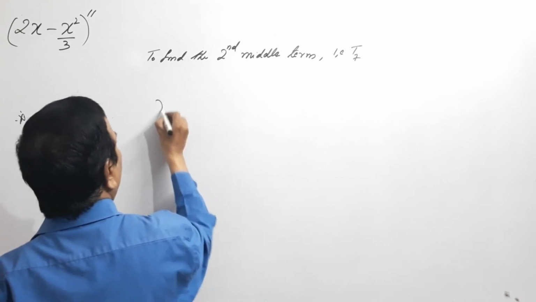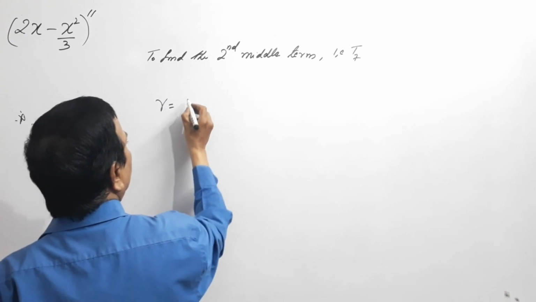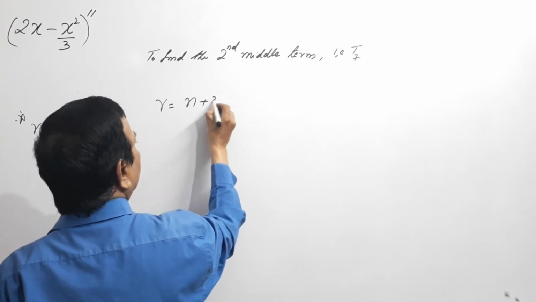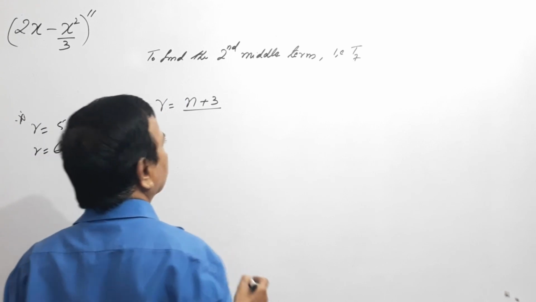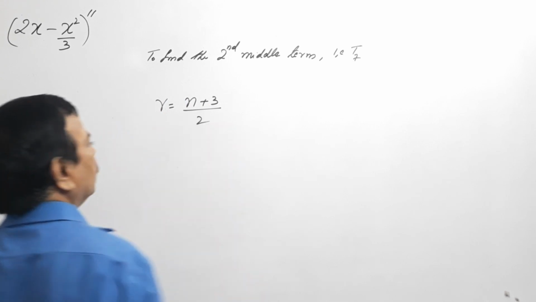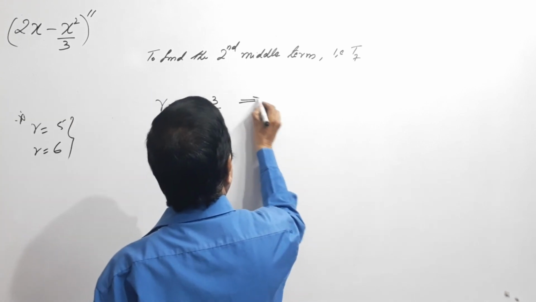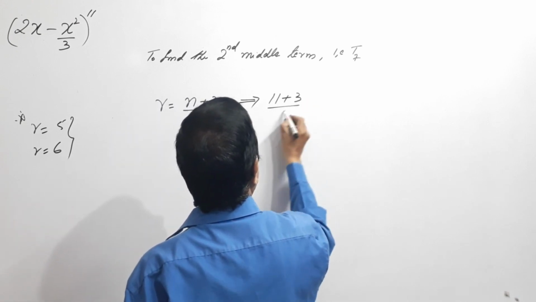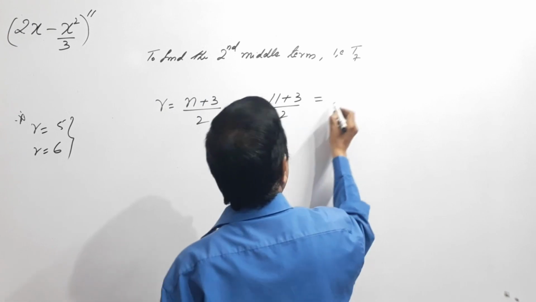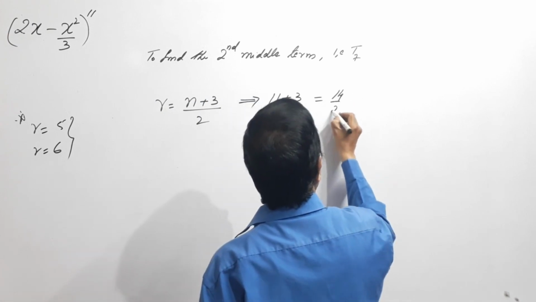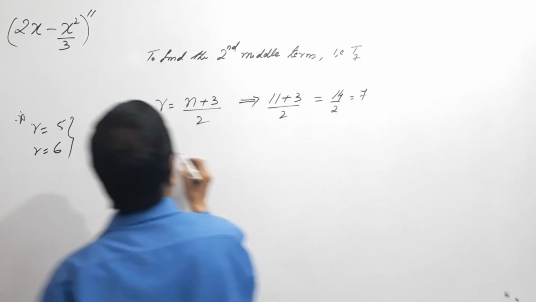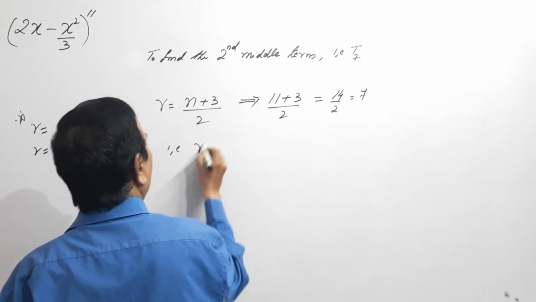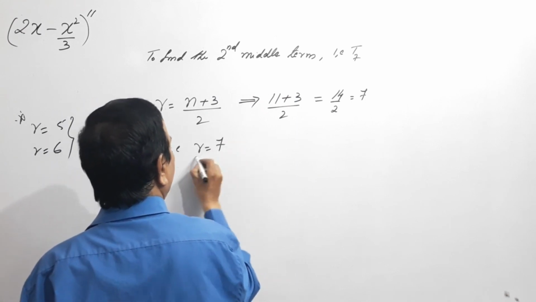We know that r equals (n plus 3) by 2. This is nothing but (11 plus 3) by 2, which equals 14 by 2 equals 7. That is, r equals 7.